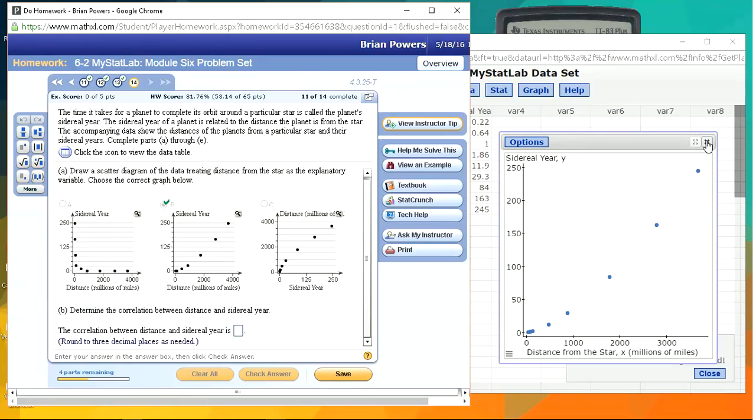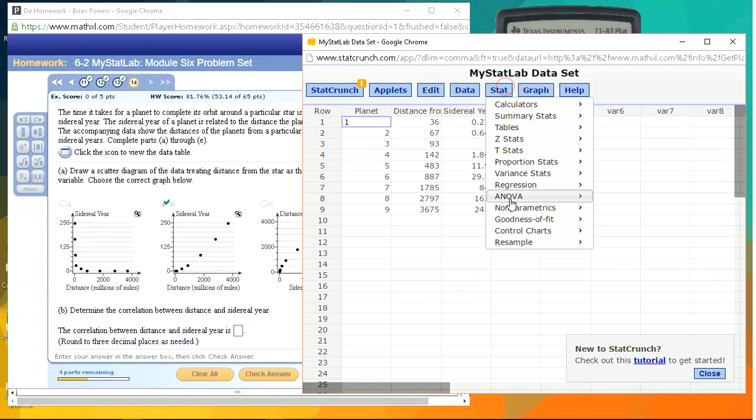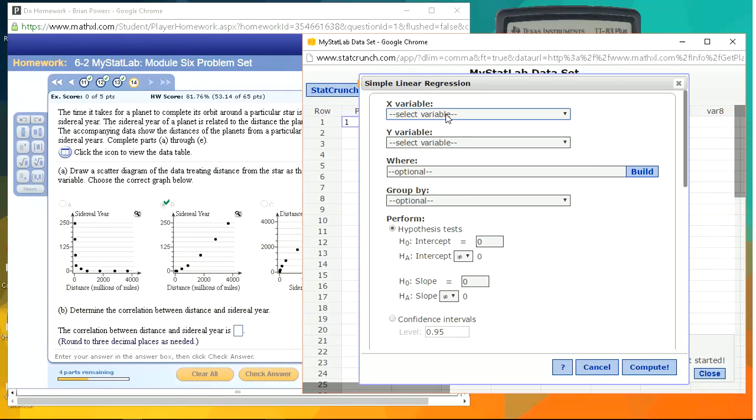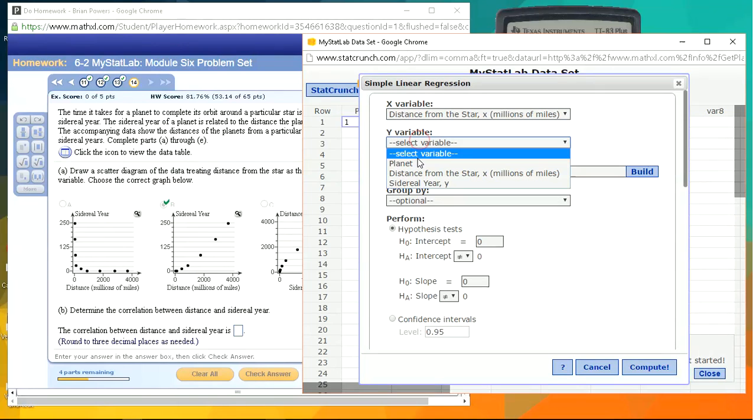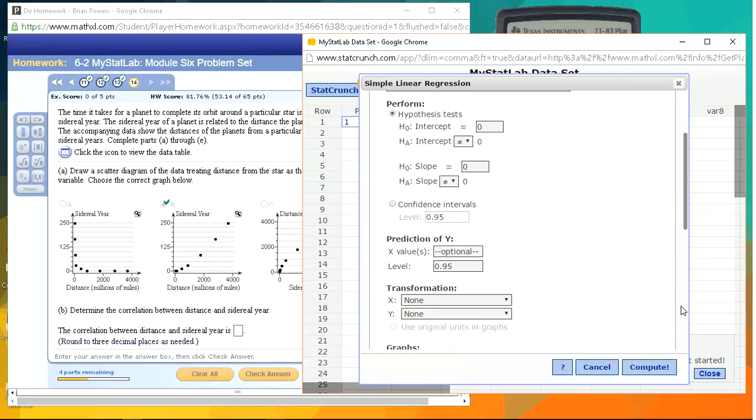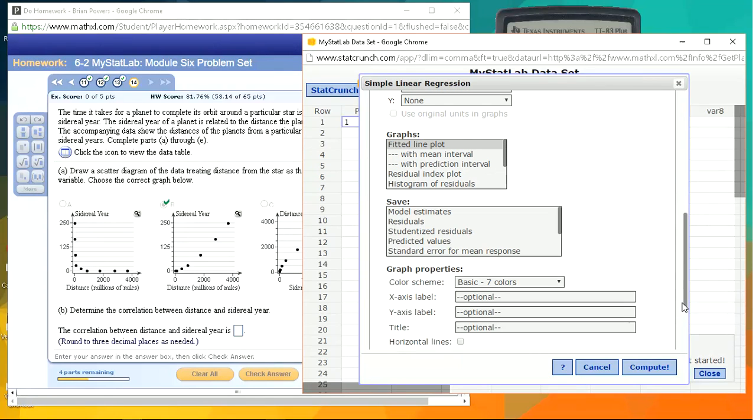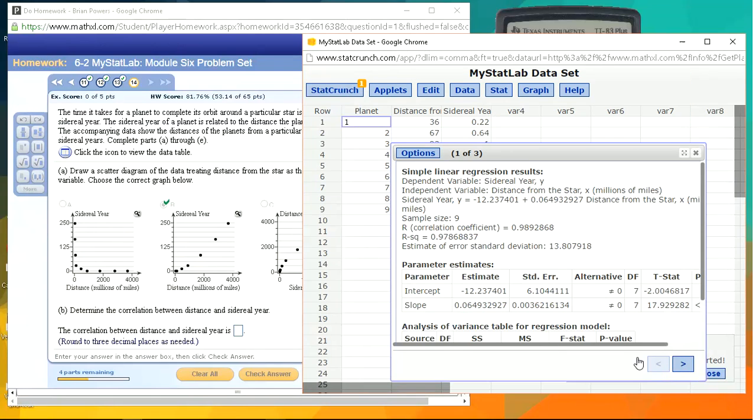Correlation coefficient. Okay, so let's go back to stat. We get a correlation coefficient by doing a linear regression. Let's just do a simple linear regression because that gets us everything. Our X is going to be distance from the star, Y is the year, and let's just scroll down, and for the heck of it, let's add a fitted line plot and a residual versus X values plot, just so that we have them all at our fingertips in case we're asked about them later.